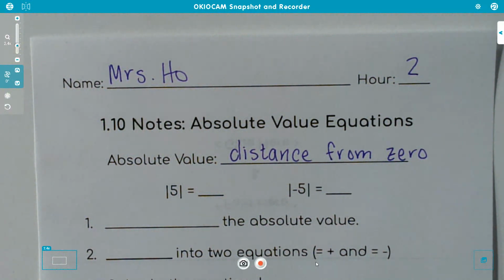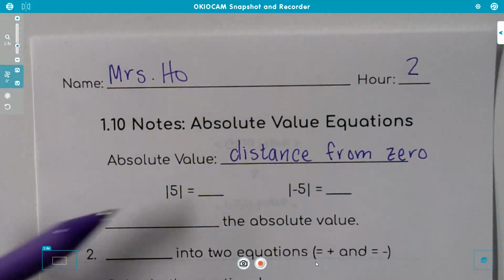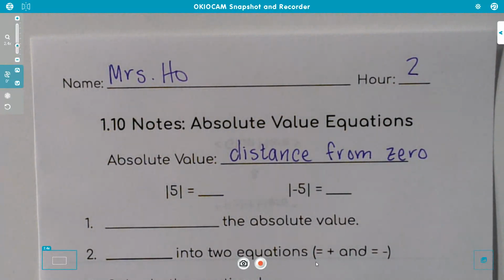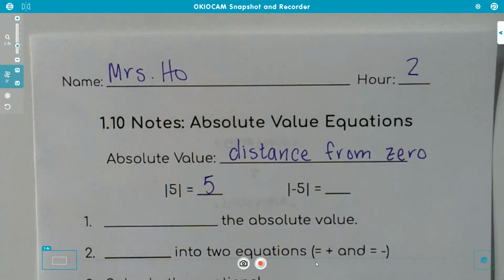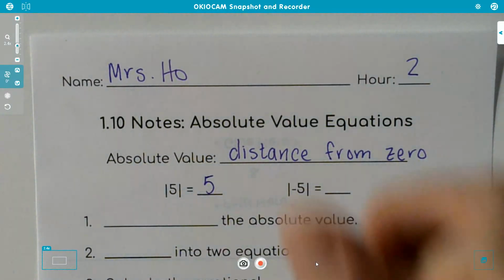Our absolute value signs are these tall little bars, just like a straight up and down line. So the absolute value of 5, that's what that means. It's not 151. The absolute value of 5. How far away is 5 from 0? 5. Okay. What is the absolute value of negative 5? 5. Okay.